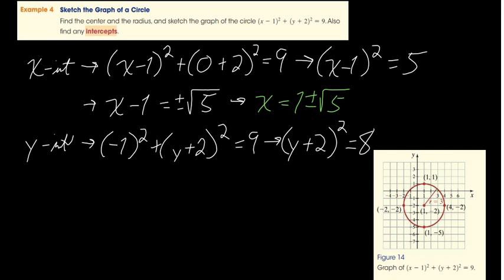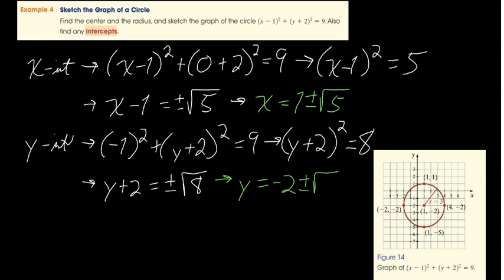Continuing on, if we take the square root of both sides, we have y plus 2 is equal to plus or minus the square root of 8. Of course, we can simplify that, but we won't right now. So y is equal to negative 2 plus or minus the square root of 8.